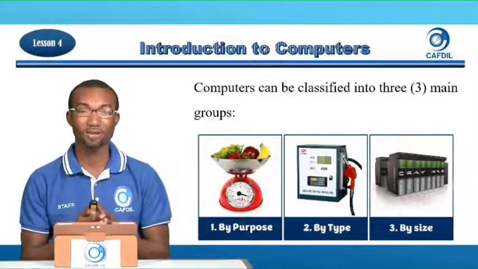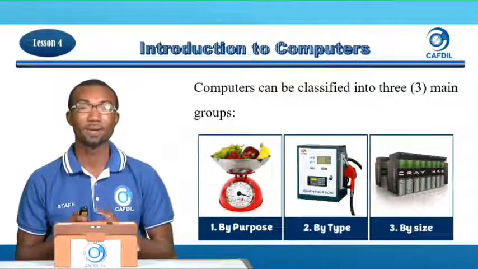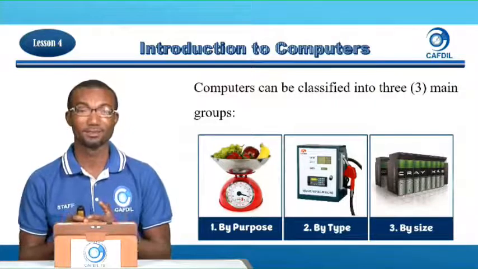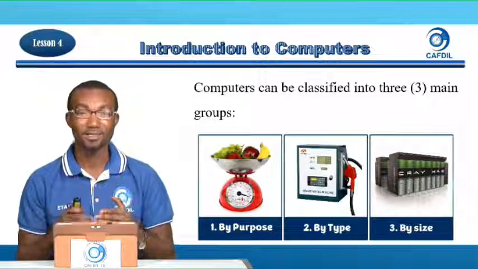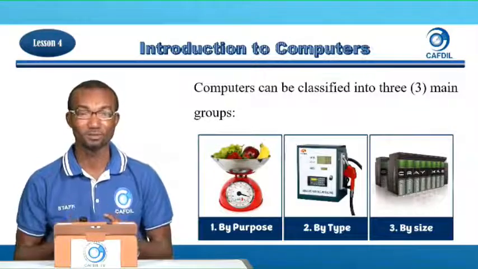The first one is by purpose. The second one is by type. And the third one is by size. So these are the three groups computers can be classified into.